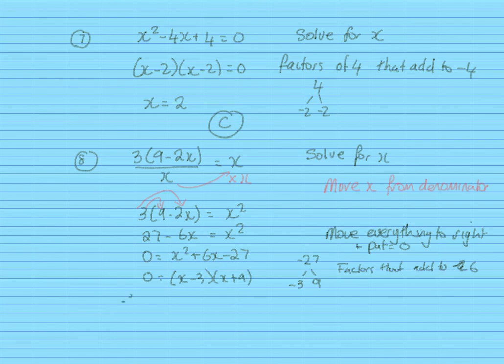And then each of those brackets equals 0. And so x equals 3 and x equals negative 9. So for question 8, that is answer D.